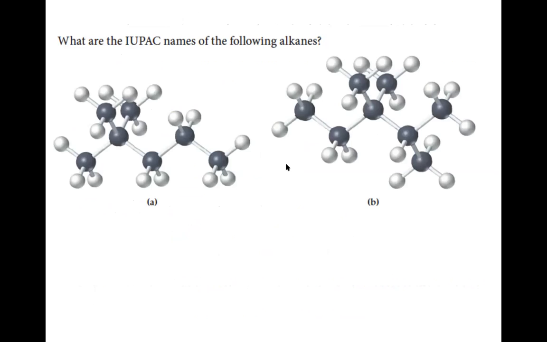What are the IUPAC names for these alkanes? Ooh. So, you'll see it in several ways. Like we can provide you molecules written in the condensed structure or the skeletal structure, or in this case, the ball and stick structure. So pause it here and see what you can come up with.